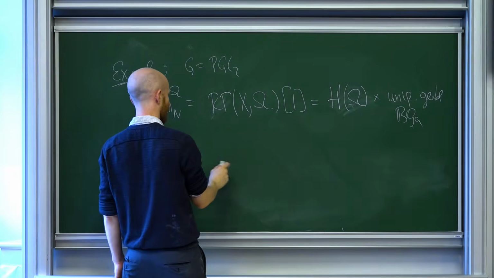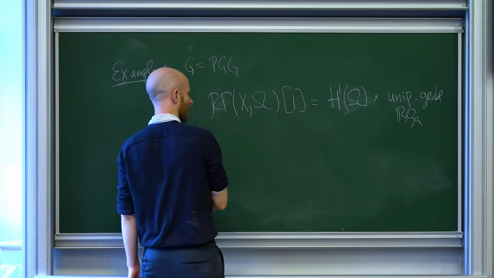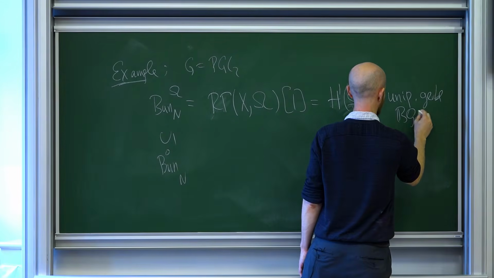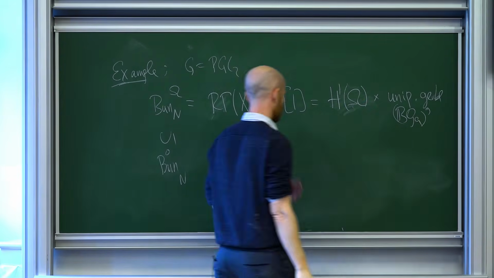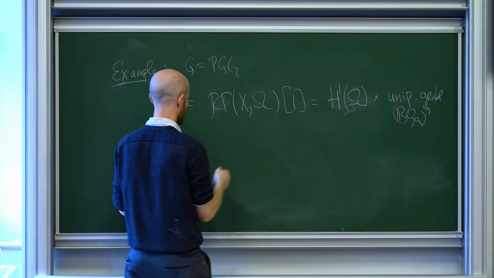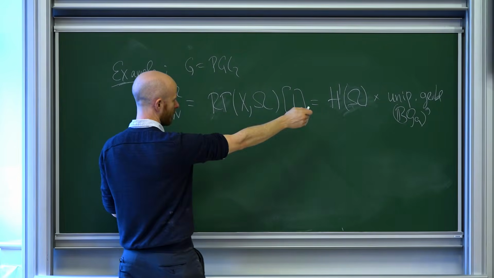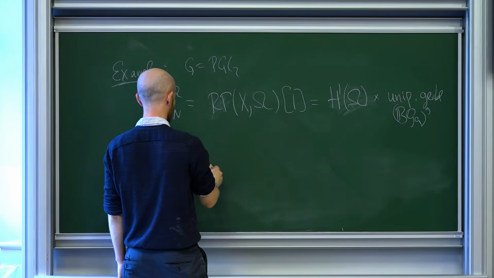And then inside of here I have a product of BG_a's. That's coming from the H^0 of the curve, but it doesn't affect the endomorphisms of sheaves in any way. It doesn't affect the topology.